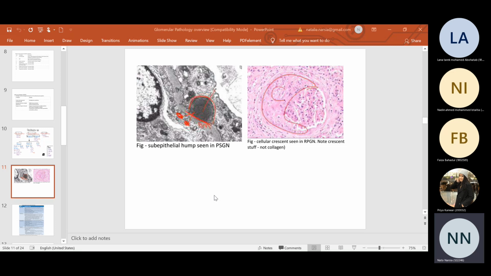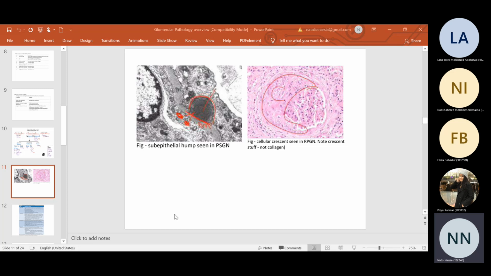In this disorder, immune complexes actually start subendothelial, okay, but as they pile up, they work their way up, and as they pile up, they will reach the epithelium, okay? That is important. You have a subepithelial hump, but you should know that immune complexes usually start depositing under the endothelium, and they pile up and reach the epithelium, okay?